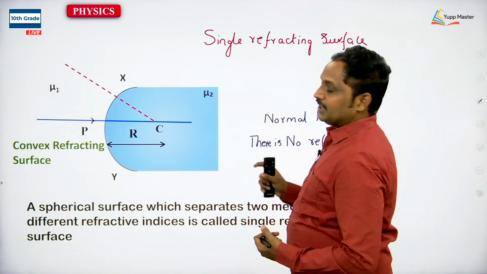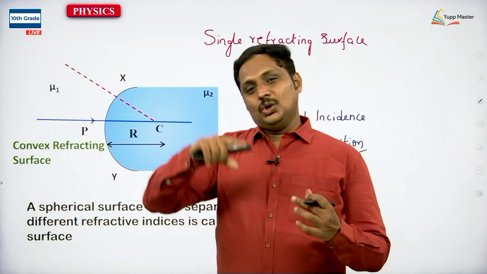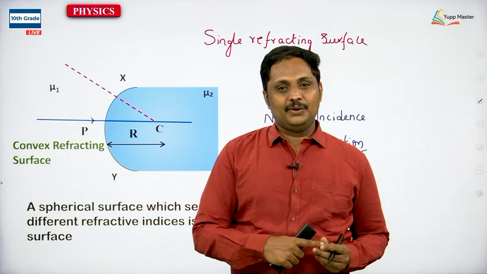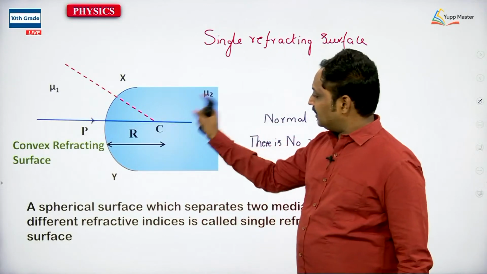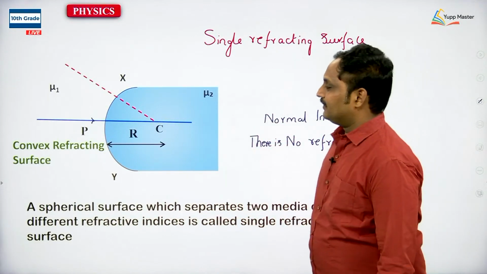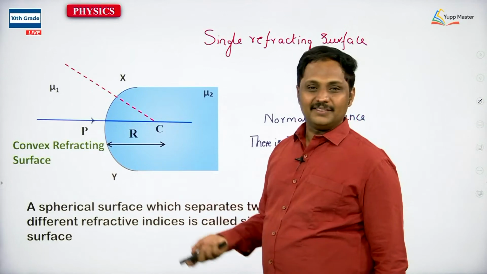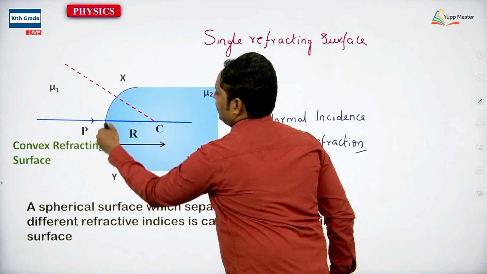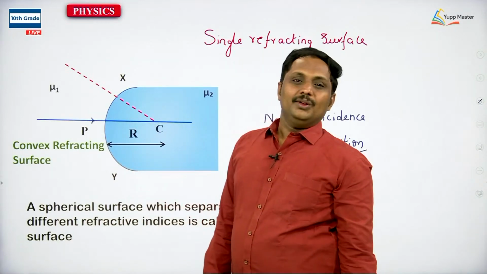A lens has two curved refracting surfaces. Here we take the single convex refracting surface, which is bulged at the center, a bulged shape.